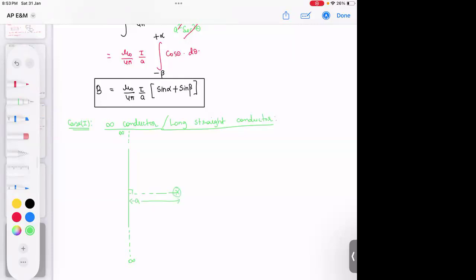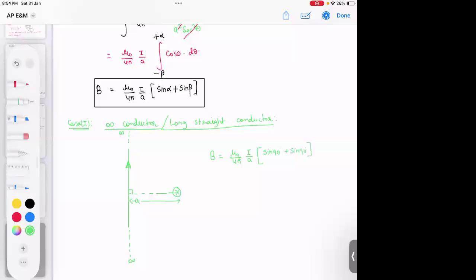Magnetic field, what direction will come? Into the plane, because if you look at the direction of current and spread your fingers at that point, the palm is pointing into the plane. So what is the magnetic field coming? Mu naught by 4 pi I by A, and if it's a very long one, alpha and beta will approximately be 90 and 90.